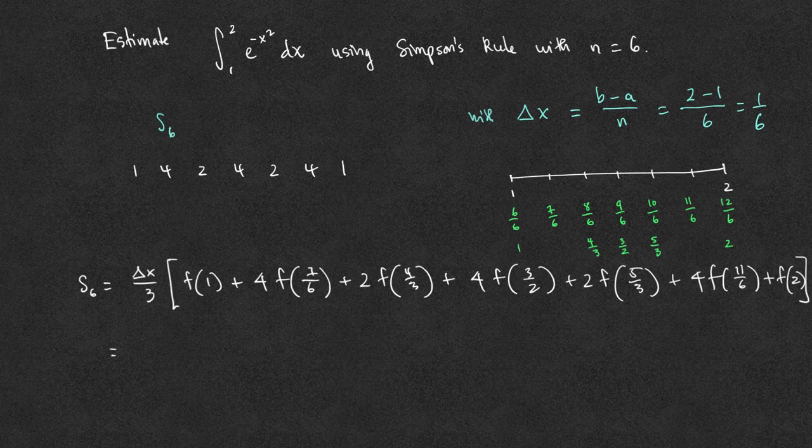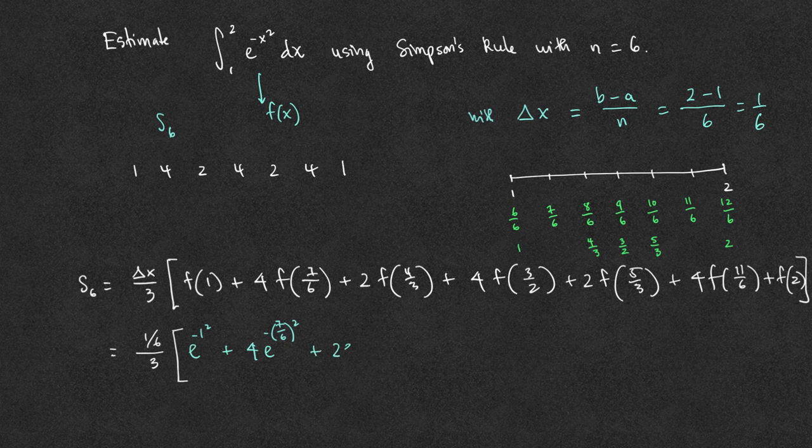This will be 1 over 6 divided by 3 times, since the function f of x is e to the negative x squared, e to the negative 1 squared, plus 4e to the negative 7 over 6 squared. We do not put the negative inside the parentheses because x is only 7 over 6.